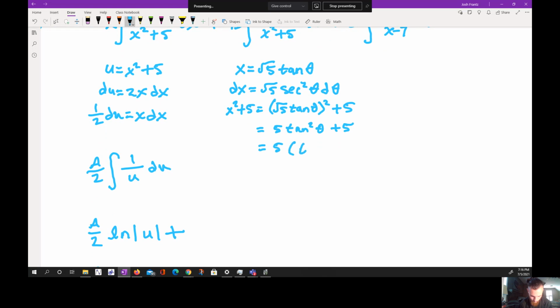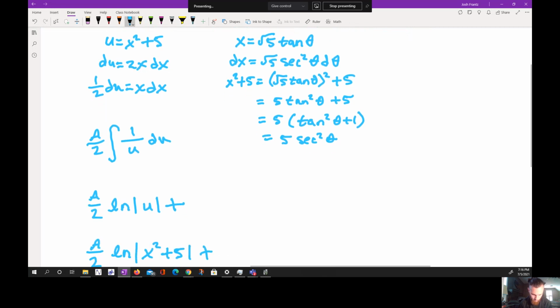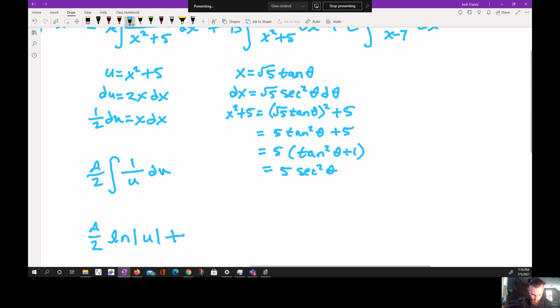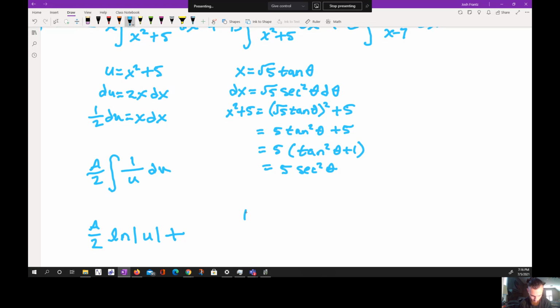Factor the 5 out, you get tangent squared theta plus 1 equals 5 secant squared theta. Perfect. And now we can go ahead and substitute all of that trig in there to hopefully make this integral easier.